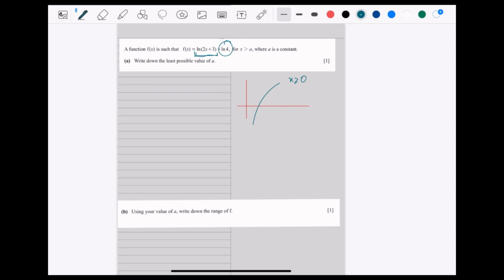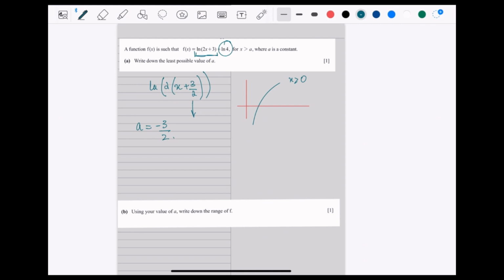All you need to remember is to find out the position of the asymptote. You can write this as x plus 3 over 2, and the curve is going to move to the left, so the asymptote as well. So the value of a is going to be negative 3 over 2.